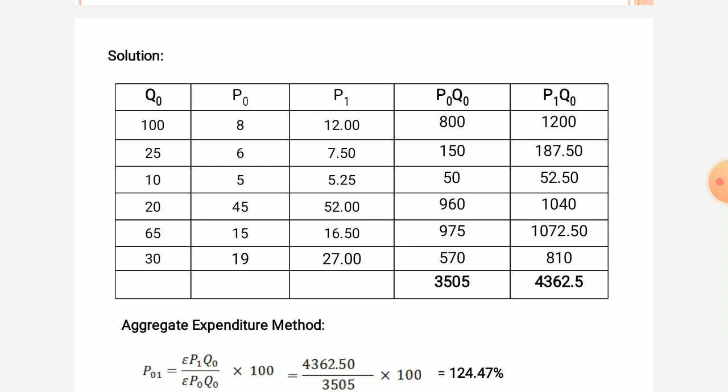The other two formulae are: P01 or consumer price index, CPI, is equal to sigma PW divided by sigma W, or sigma CPI is equal to sigma WI divided by sigma W, where P is equal to price relatives, which can be calculated as P1 by P0 into 100, and W is equal to weights, P0Q0. So by applying any one of these three formulae, we can construct index numbers according to the aggregate expenditure method.